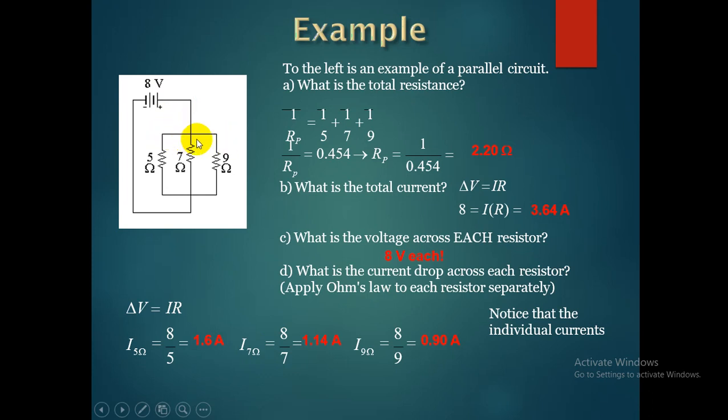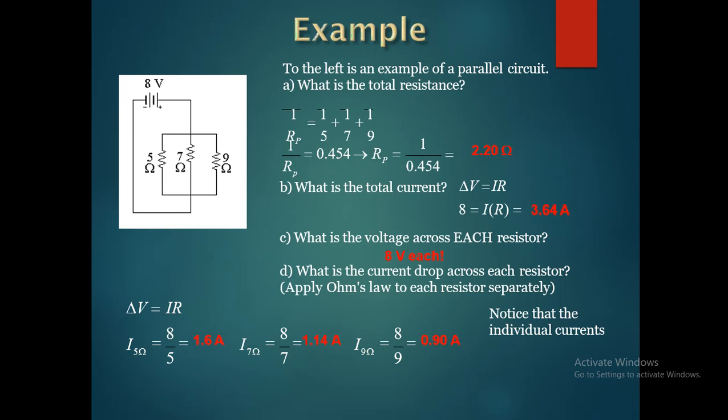Here we have to apply KCL to find the current flowing through each resistance. According to KCL, the current flowing through the 5 ohm resistor is 1.6 amp, through the 7 ohm resistance is 1.14 amp, and through the 9 ohm it will become 0.90 ampere.